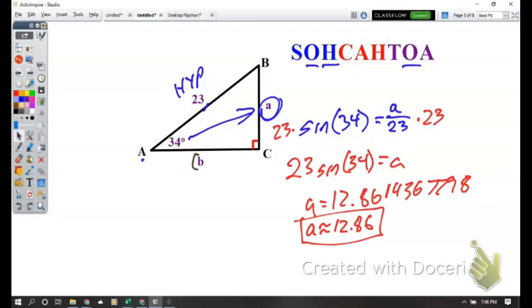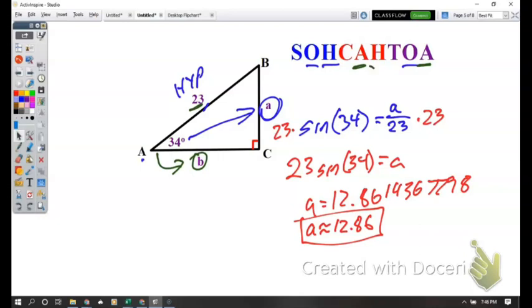So let's see. I'm looking for B right here. Still, I'm going to use angle A. So B is right there next to it. So that's adjacent. That's either cosine or tangent because those both have adjacent in it. And the other side I'm going to use is my hypotenuse over there.